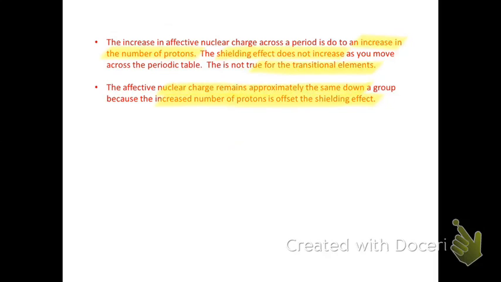So even though you're adding more protons as you go down, if you look at your periodic table, you increase the number of protons but the shielding effect is also increasing. Those two offset each other, and therefore the nuclear charge remains approximately the same.